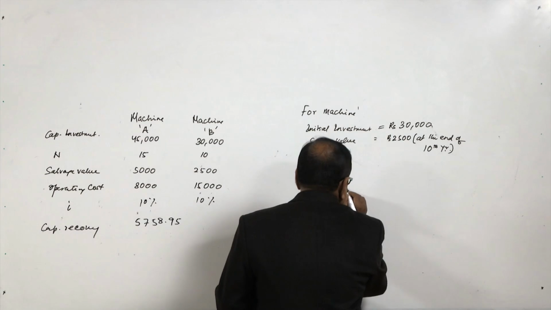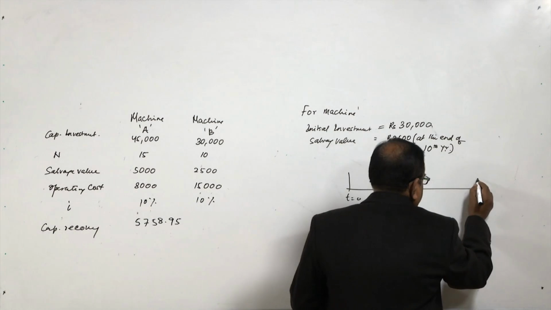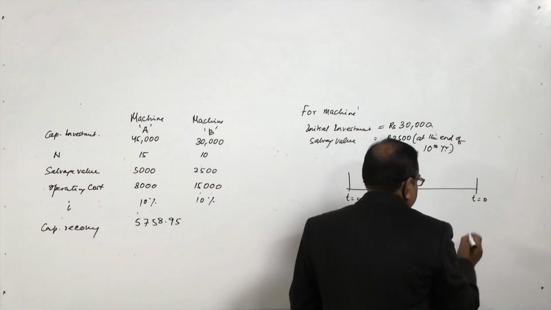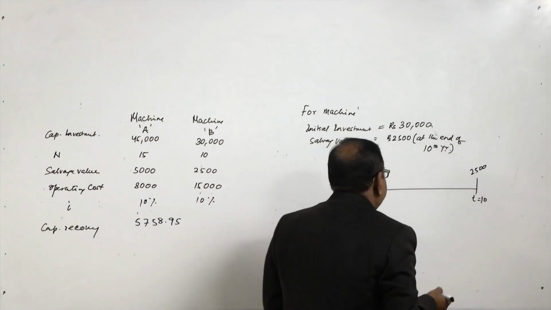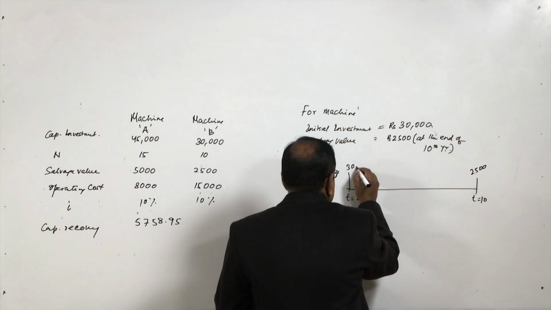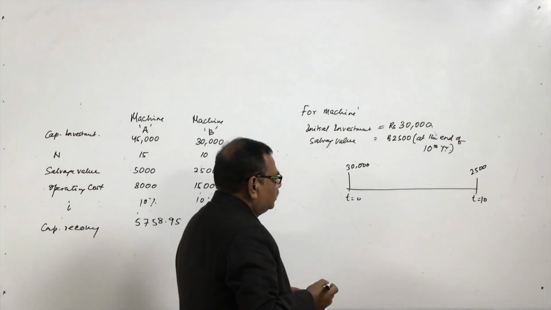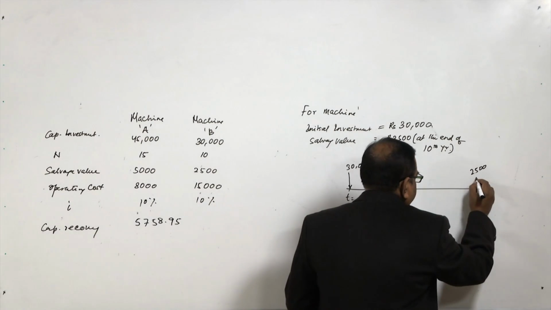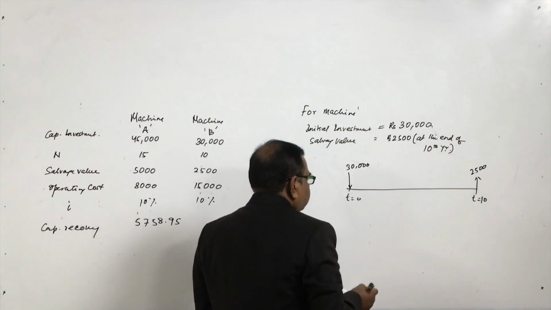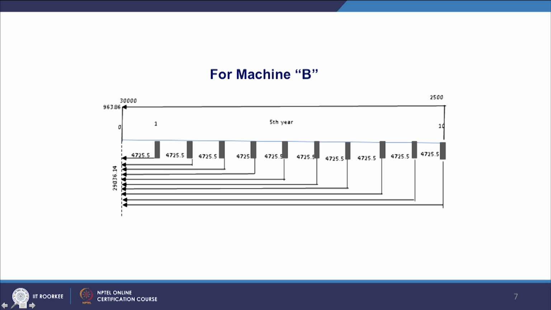So, in the timeline, at t equal to 0 I am investing 30,000, and at t equal to 10 I am getting 2,500. This has to be brought to my 0 timeline. That means, I have to find the present value of 2,500.